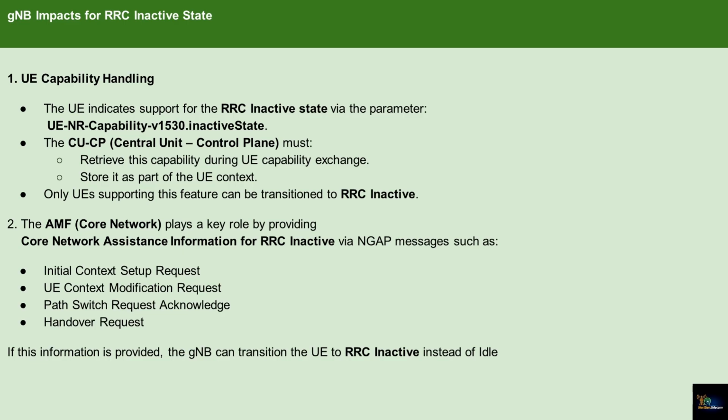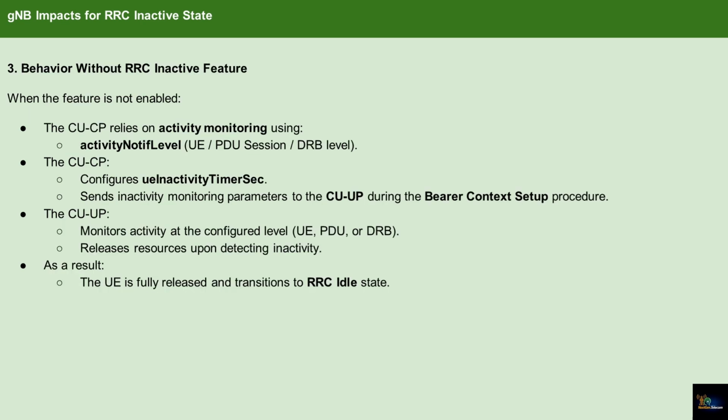If this information is provided, the gNodeB can transition the UE to RRC inactive state instead of idle.